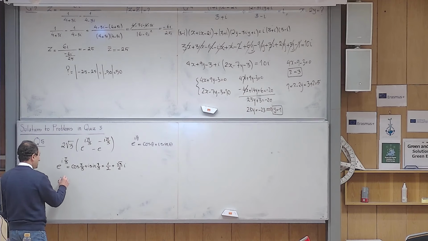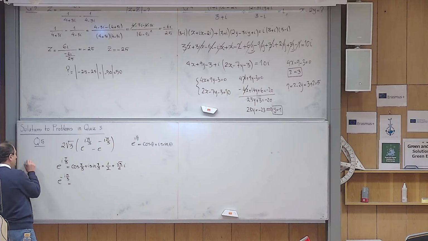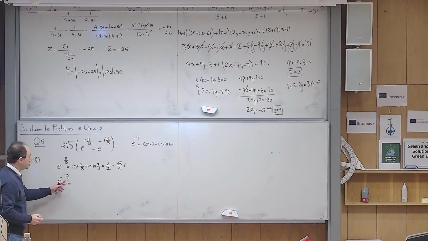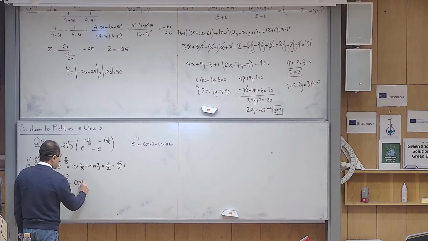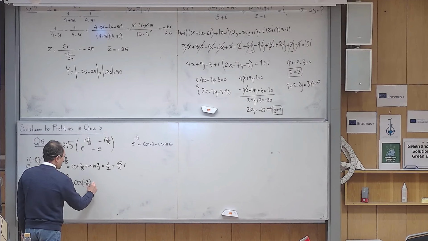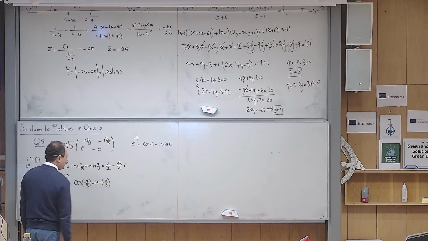So e to the power of minus i pi over 3. What is the difference here? You need to imagine that minus i pi over 3 is actually i times minus pi over 3. So you need to understand here, theta is minus pi over 3. That's it. So it becomes cosine minus pi over 3 plus i sine minus pi over 3. So you need to remember a little bit from trigonometry.